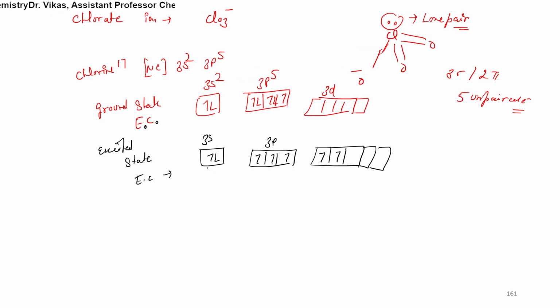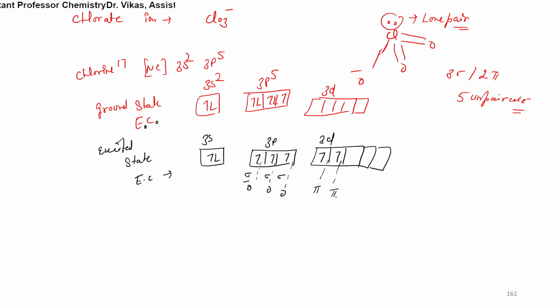Okay. So here, the two unhybridized 3d orbitals form two pi bonds by overlapping with an oxygen atom, and the three 3p orbitals form three sigma bonds with oxygen atoms. This one with O negative, oxygen, oxygen: sigma, sigma, sigma.